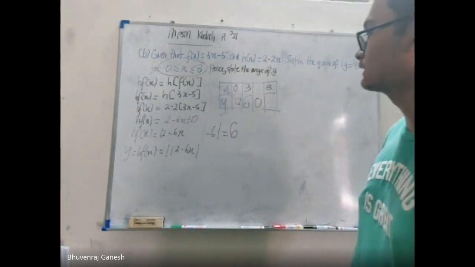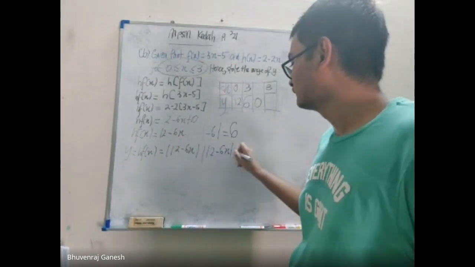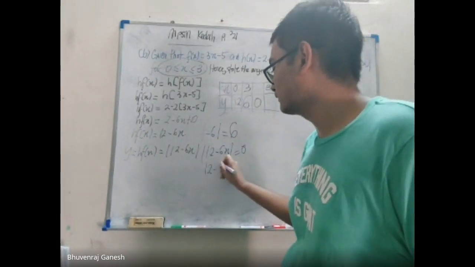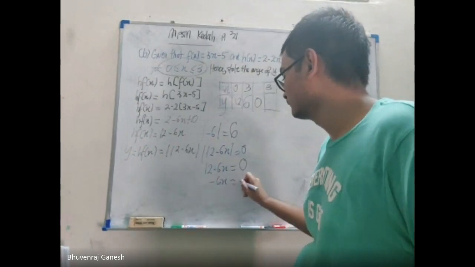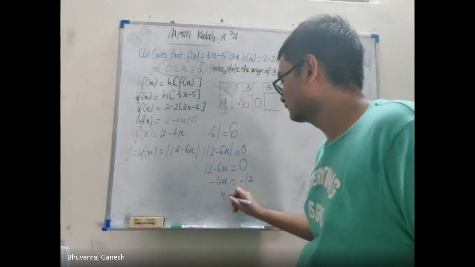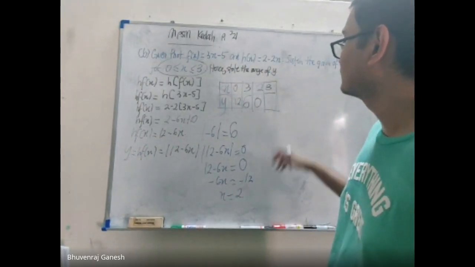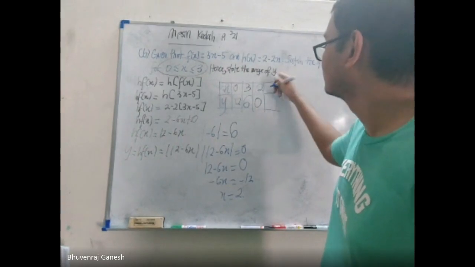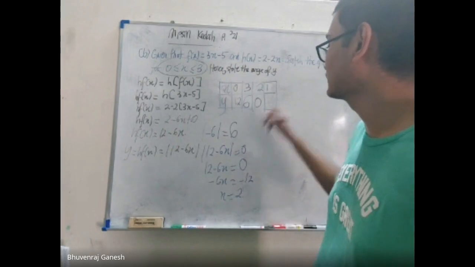If y is 0, you break the modulus, you still get 0, of course positive or negative 0 does not matter. So you will get x is only one value, 2. And when x is 1, you should get 12 minus 6, which is 6 also.